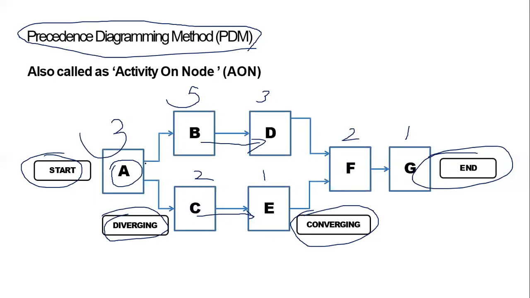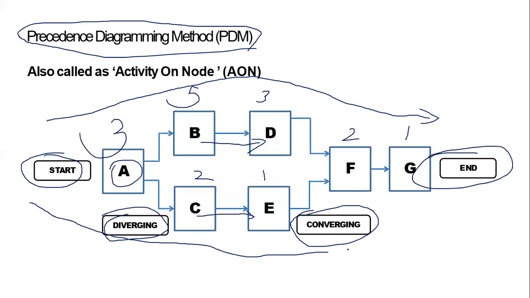So now what is critical path? Critical path is nothing but the path which will take maximum days to complete the project. So we have two paths here. One is A, B, D, F, G. That's one path. There is another path A, C, E, and F and G, right?